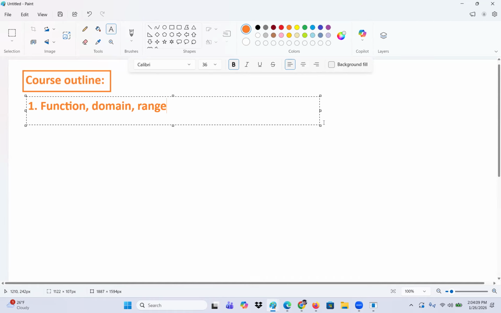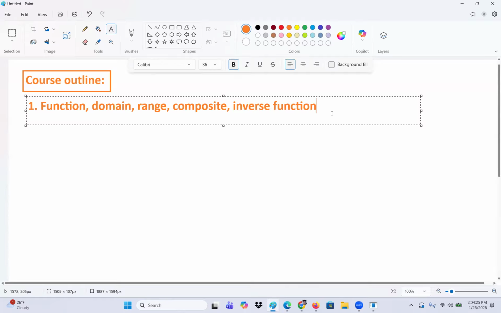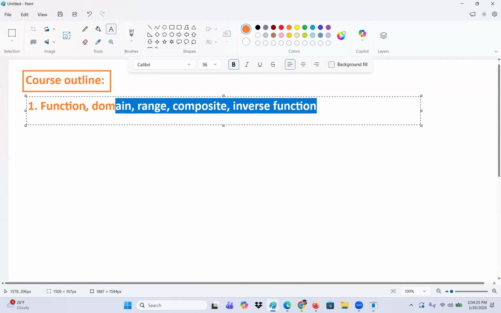And then after that, we're going to learn about the composite function, inverse function, what it means by that. And there's a lot of things going on, and this is how we're going to apply the slope analysis, the linear regressions, and most of the terms that we have for the function.